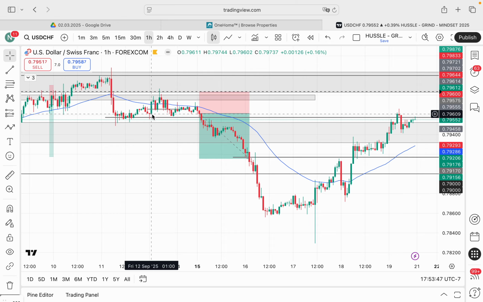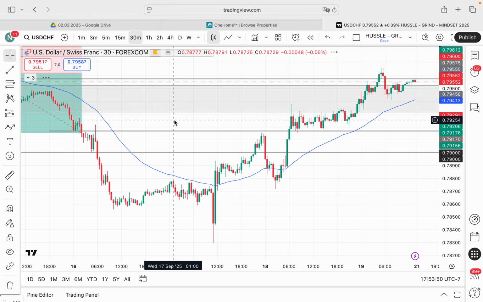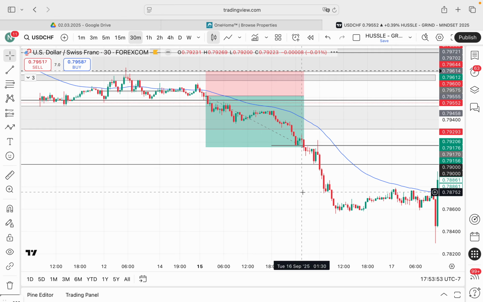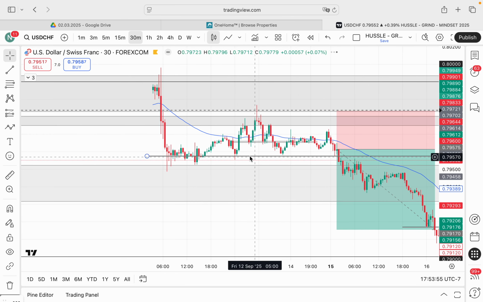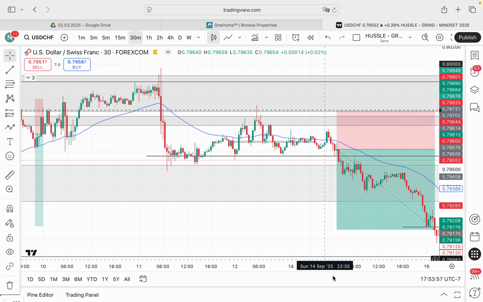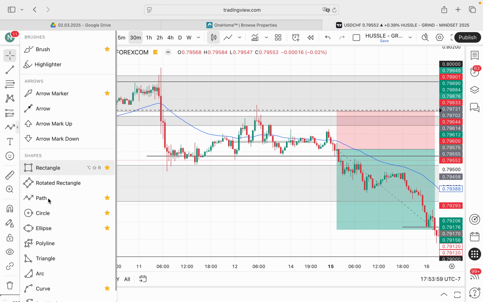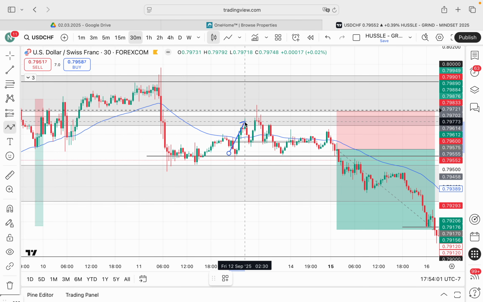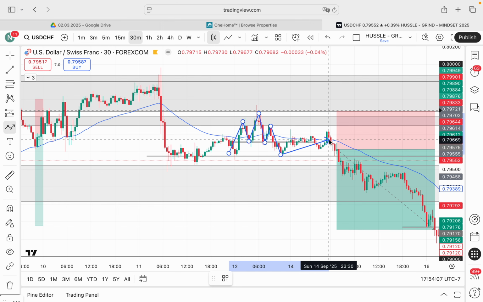Okay, cool. We have higher high, break. I have 1 2 3 engulfing around London session.